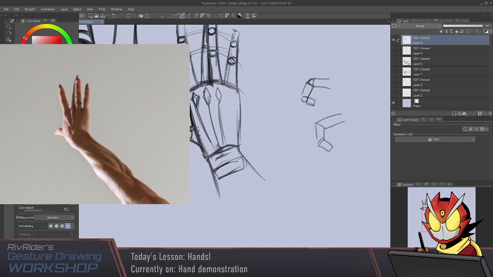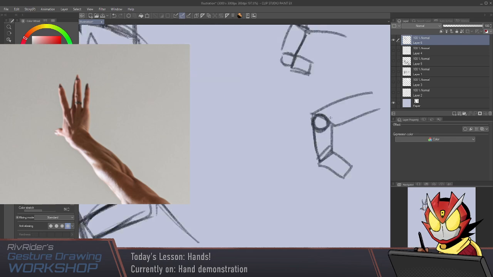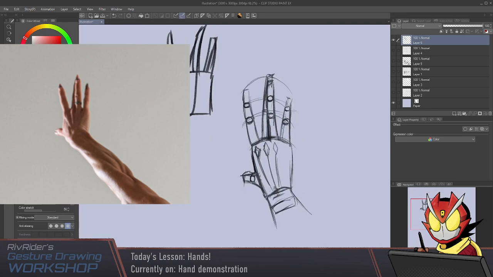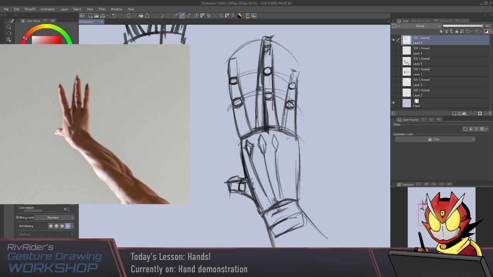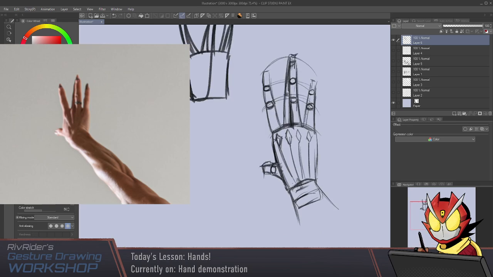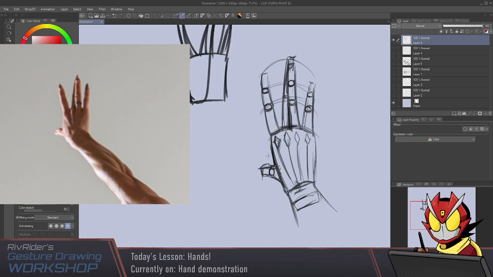You can, I guess, if it works for you, but you gotta remember there's a joint hidden in there that you have to depict. So this is a fairly basic hand to be looking for how to shape it out. Did that make sense to anybody? My thumb might still be too short. But this is the basics of drawing a hand.